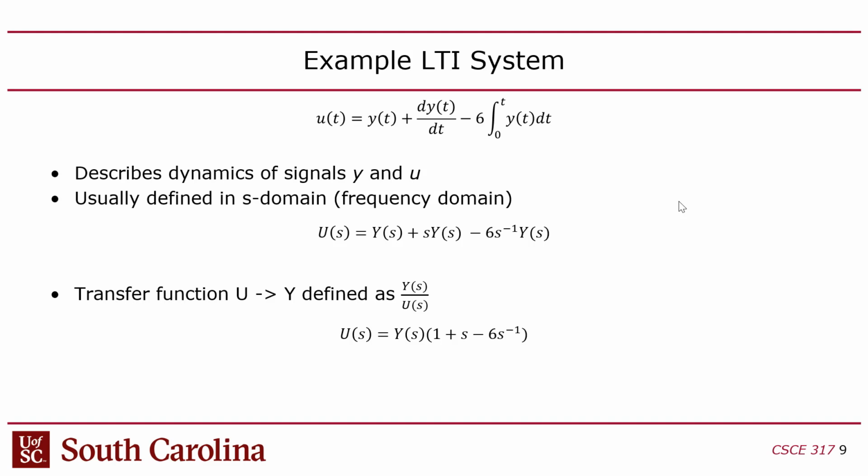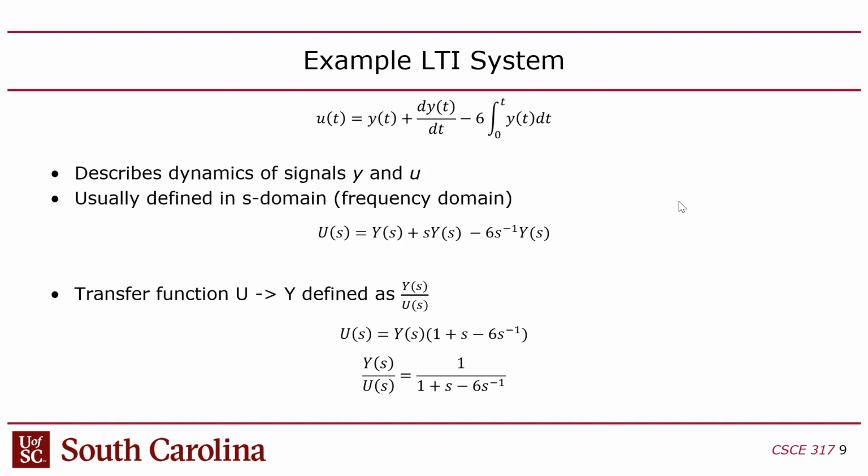I factor out Y of S because then I can divide both sides by Y of S, and on the left-hand side I end up with that ratio Y of S over U of S, and I end up with this ratio of polynomials where I've got 1 over 1 plus s minus 6 times s to the minus first power. Make sense?